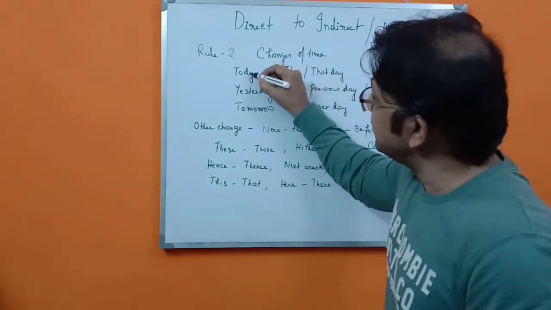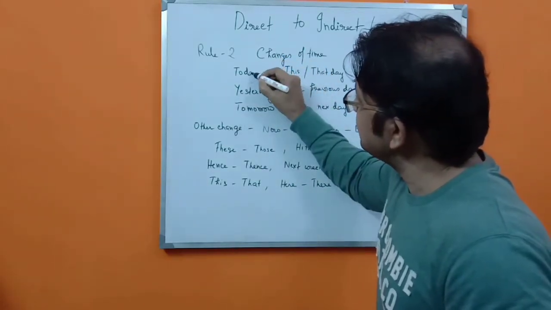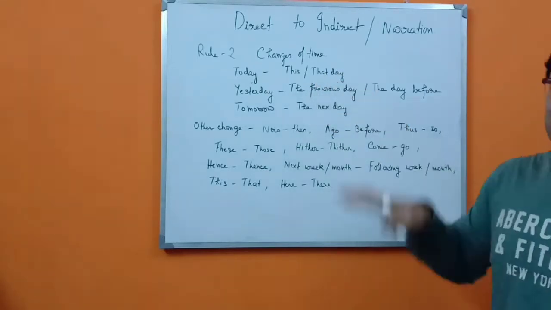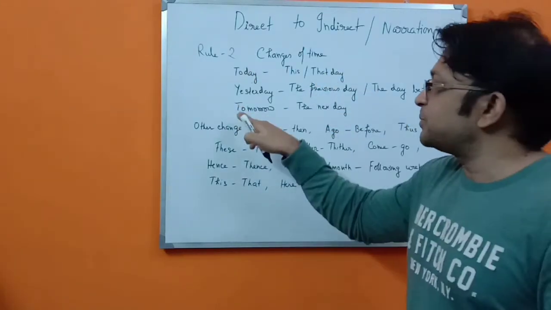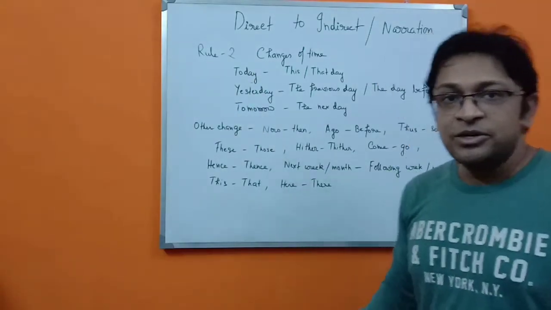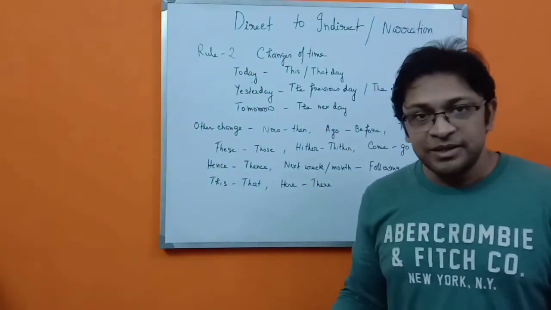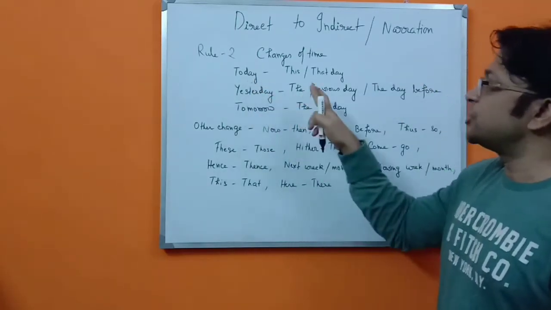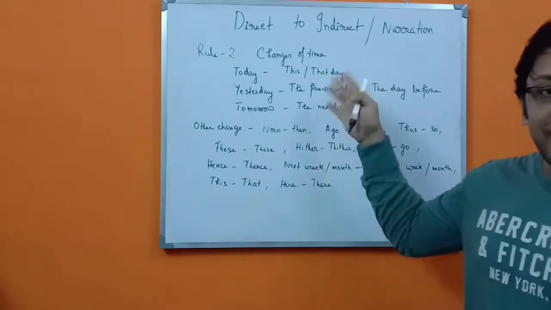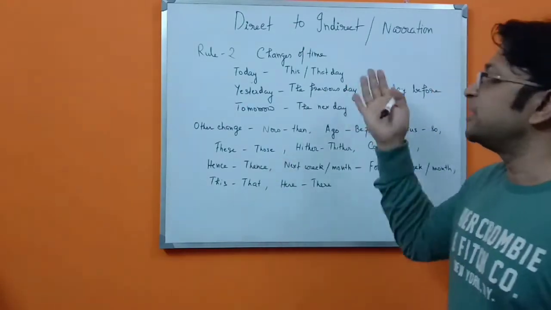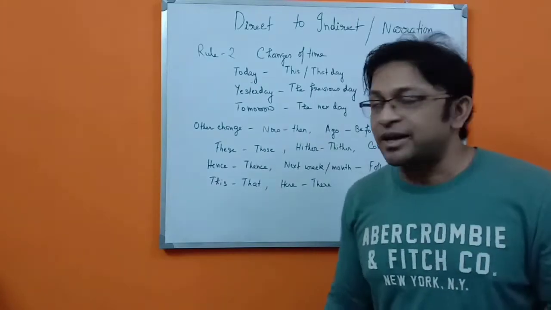So today will change into this or that day. These words, today, yesterday, tomorrow, will be given in the direct sentence. When you are transforming these direct sentences into indirect, today will change into this or that day according to your own will, because if you write this day, it will be correct, and if you write that day, it will also be correct.